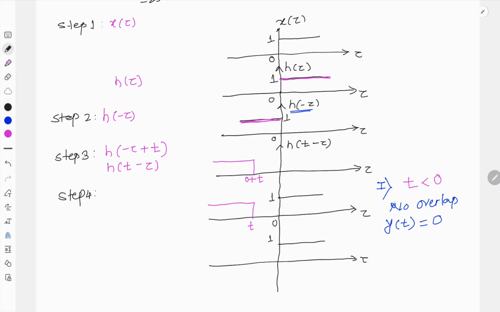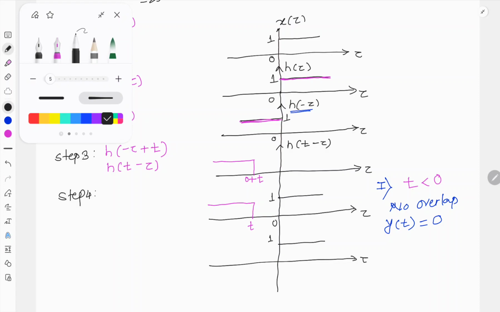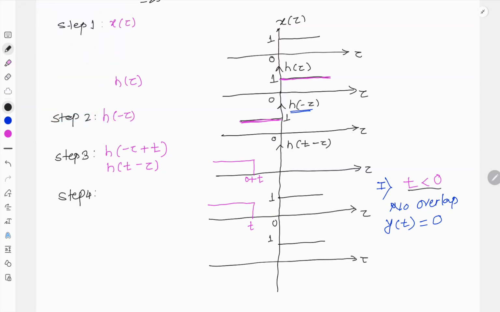We are only going to shift this h of t minus tau signal. Initially we considered t less than 0, where there is no overlap. Now in the second condition, t will become greater than or equal to 0. If t becomes greater than or equal to 0, I need to draw this t point somewhere beyond 0.